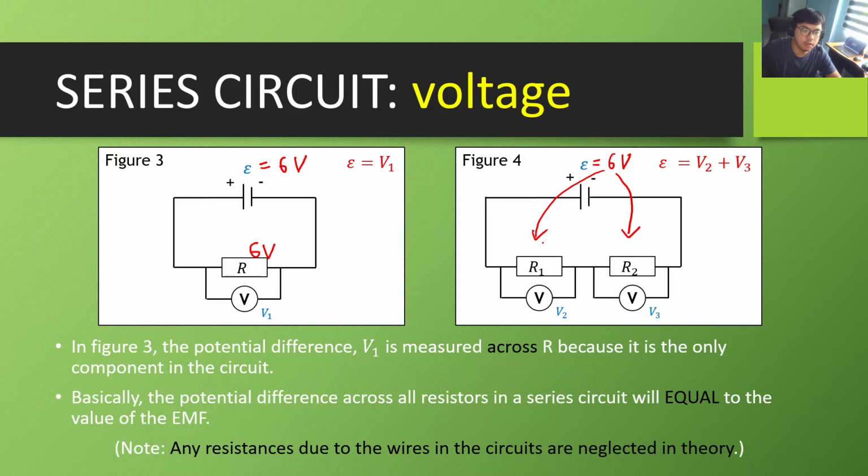Of this 6 volts, 3 volts will go to the first resistor, and 3 volts will go to the second resistor. In other words, if you add the voltages of these two components, you will get back the voltage of the EMF. That's why the EMF is equal to V2 plus V3. But if you have only one component, like in the case of figure 3, then the EMF is simply equal to that one component's voltage.